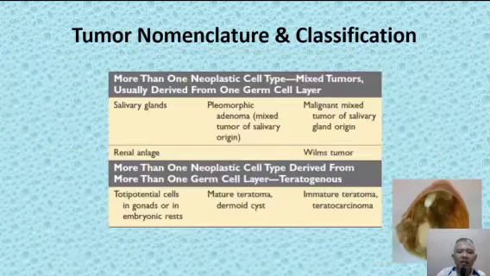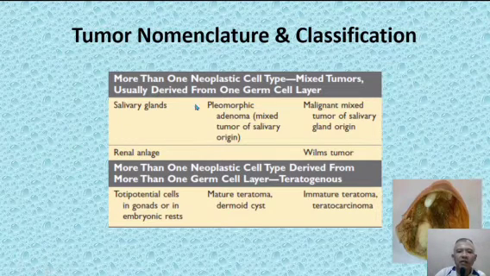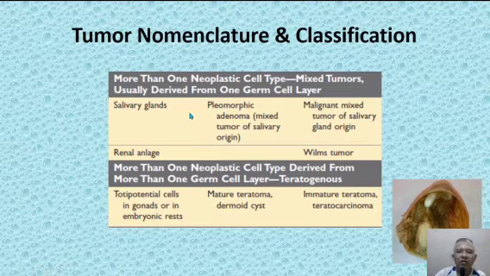Okay, and if it's derived from more than one neoplastic cell type, and if it's derived from only one germ layer, these are the examples. Usually these are tumors that are derived from the salivary glands. You have pleomorphic adenoma.